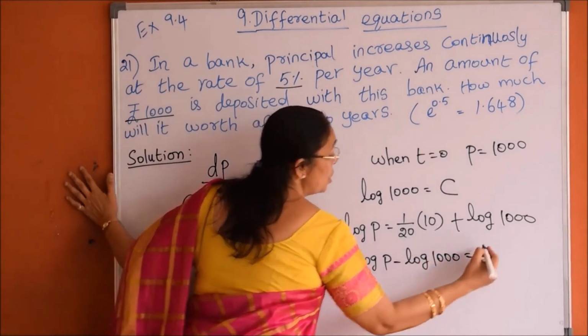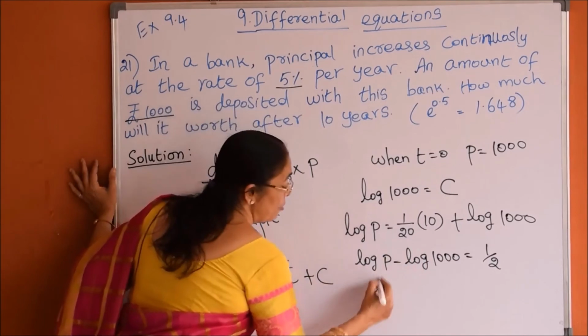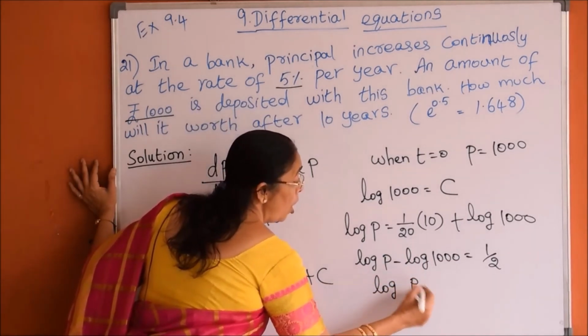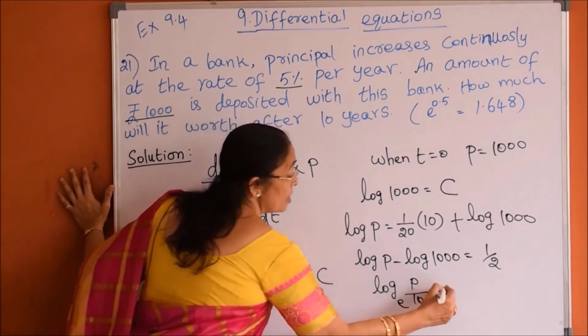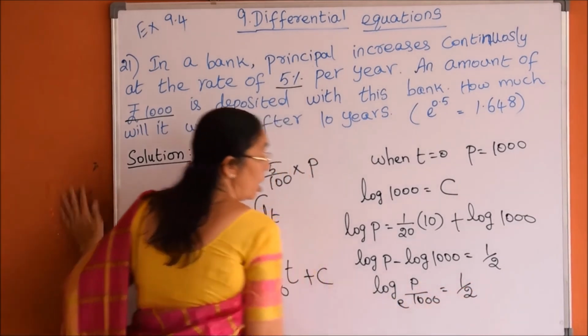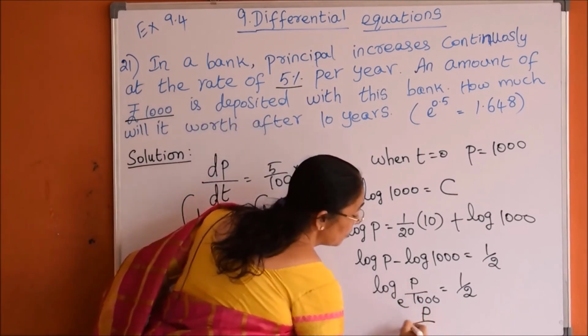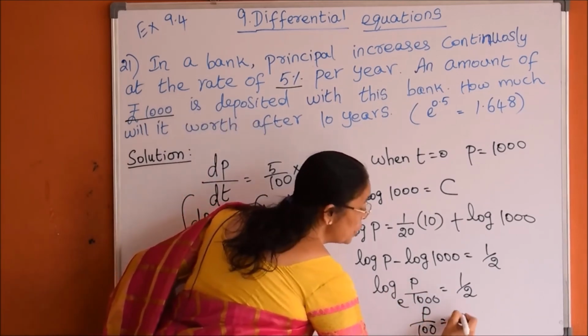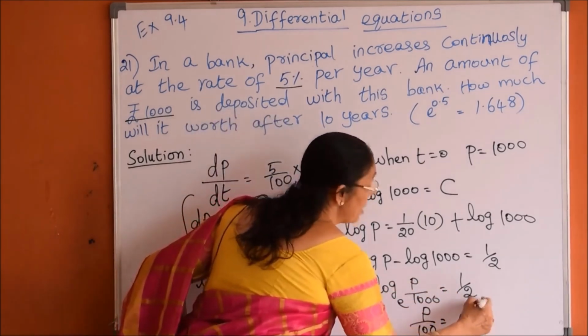is equal to half. Now the log a minus log b form, we can write as log P by 1000 to the base e is equal to half, or this is nothing but P by 1000 is equal to e to the power of half, or e to the power of 0.5.